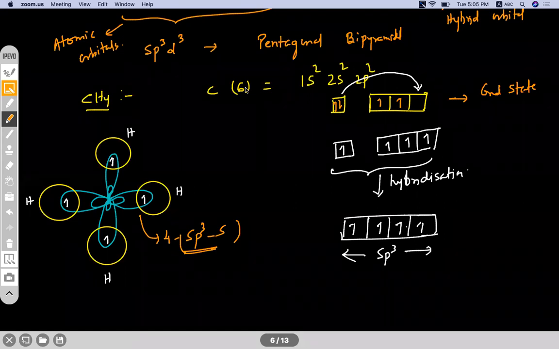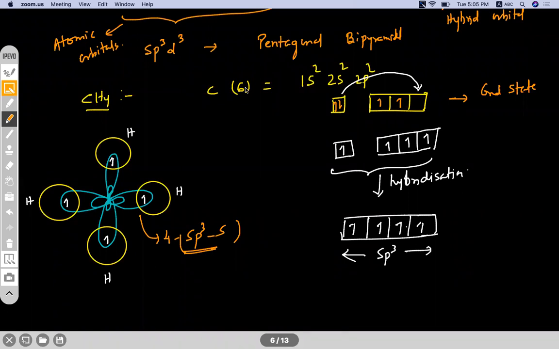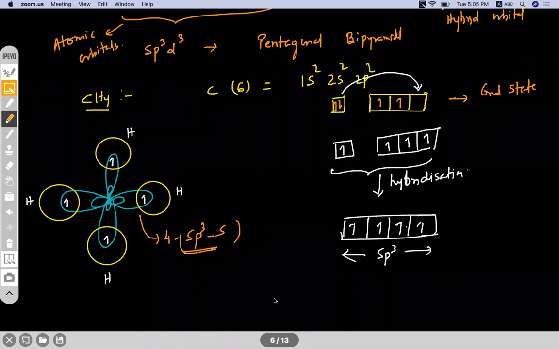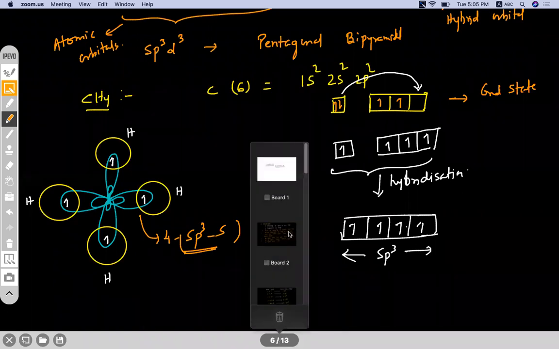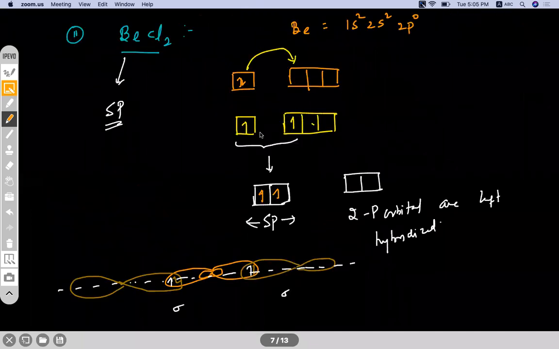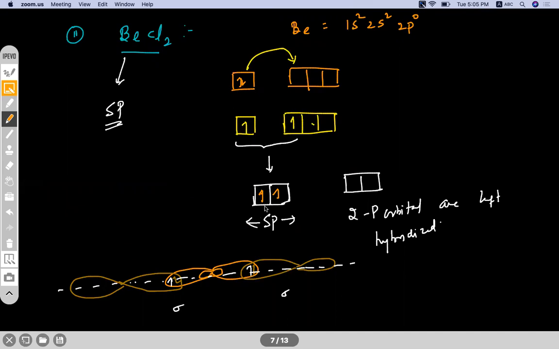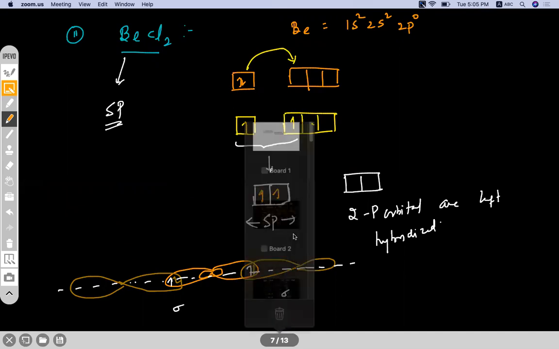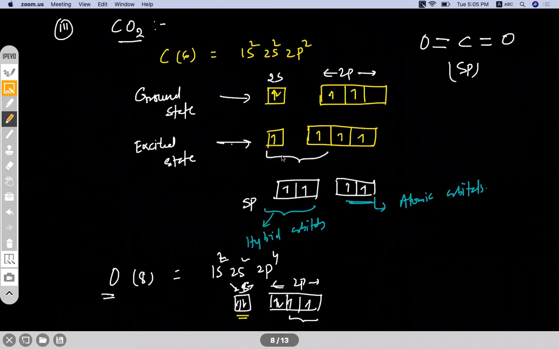The atomic orbitals of carbon combine and form hybrid orbital. So only one atom is involved in this. If you look at BeCl2, the atomic orbitals of beryllium combine and form hybrid orbital. Another one, the atomic orbitals of carbon combine and form hybrid orbital.